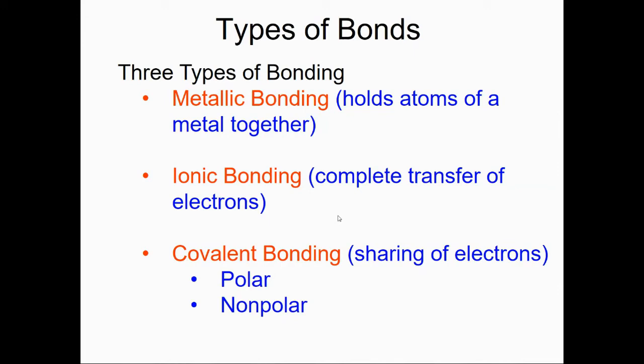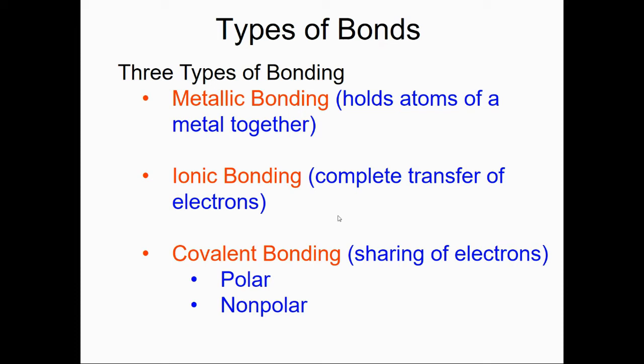There are three types of bond, actually, that we discuss. The two most important are the ionic and covalent, but we also discuss metallic. Metallic bonding is the bond that holds atoms of a metal together. So if you have two metals, if they come close to each other and they bond, that's called a metallic bond.